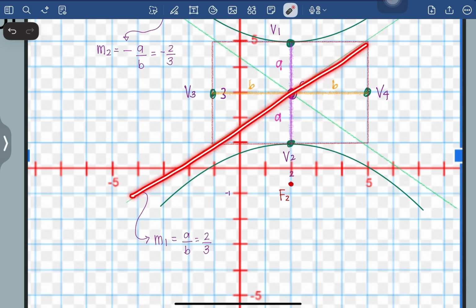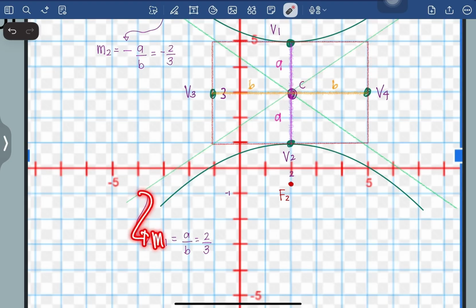So itong asymptote na to is going upward, kaya positive yung makukuha natin. So this is the slope. So A over B, the rise is 2 over the run na 3. So distance 3 to.